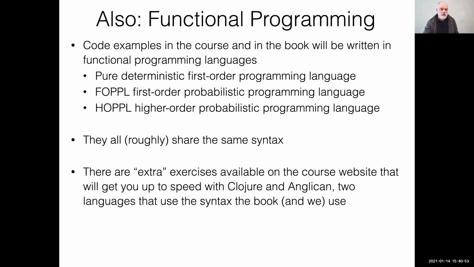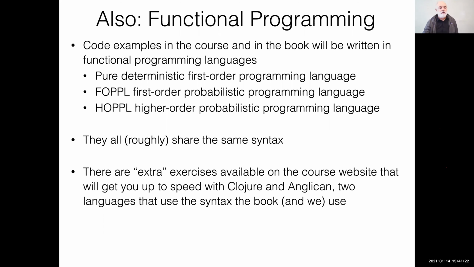There are extra exercises on the course website, at the bottom of the homework page, that will get you up to speed if you're interested in learning about functional programming, in Clojure, or in programming in Anglican or directly using this language straight away. You can get up to speed by doing some of those exercises. We developed them actually for participants in the DARPA program, and they're very, very well designed exercises.